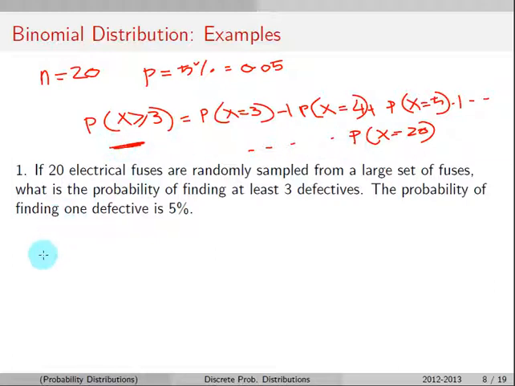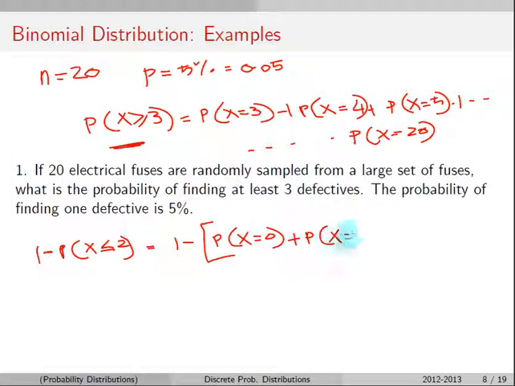So the other easier way to do this is simply solving 1 minus the probability that x is less than or equal to 2, or in other words it can be written as 1 minus the probability that x equals 0 plus the probability that x equals 1 plus the probability that x equals 2. So if we can compute these values, then we'll be able to find the answer for this problem.